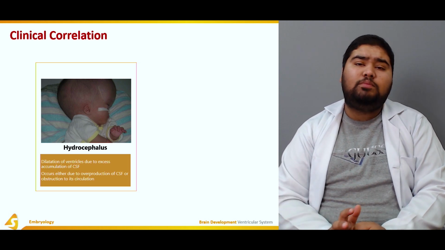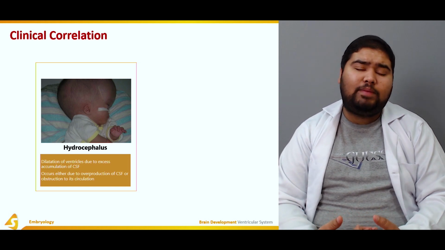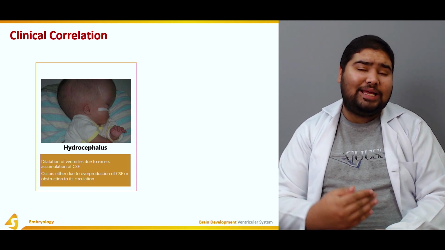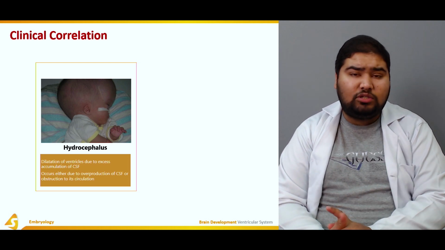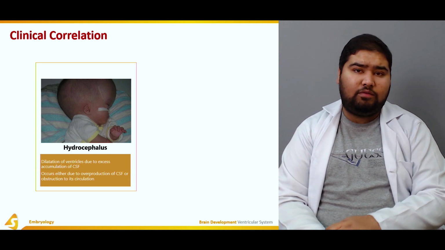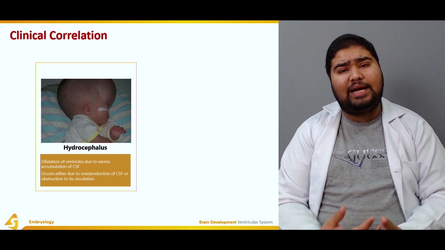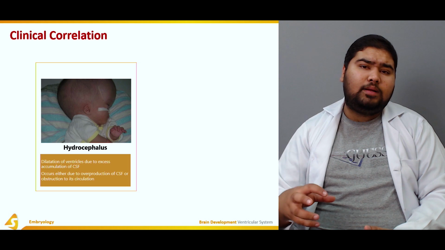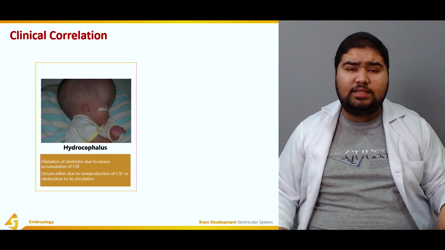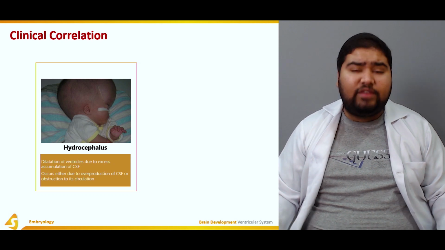So we talked about it before. The cerebrospinal fluid is formed within the ventricles by the choroid plexus. Now, if for some reason there's either excessive production of cerebrospinal fluid, or there's obstruction to the flow of the cerebrospinal fluid, this causes the fluid to accumulate within the ventricular system.